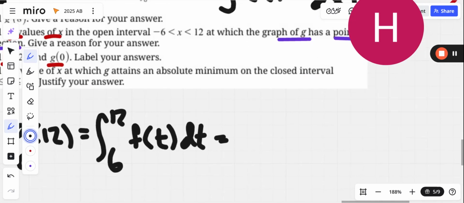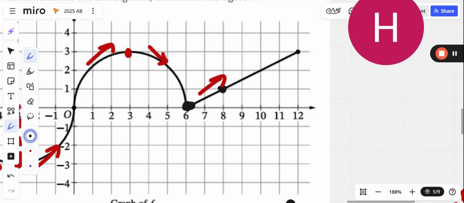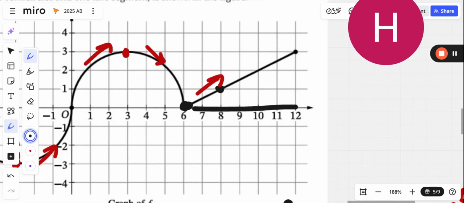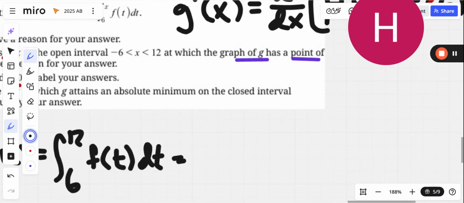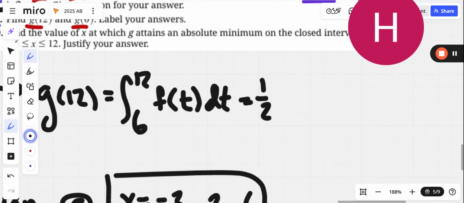And this is literally just the area of like a triangle. Look, base is 6, height is 3. Super easy. So we just get 9.